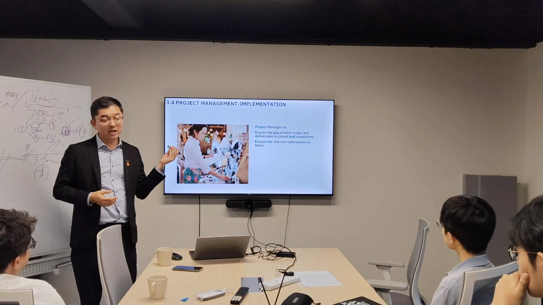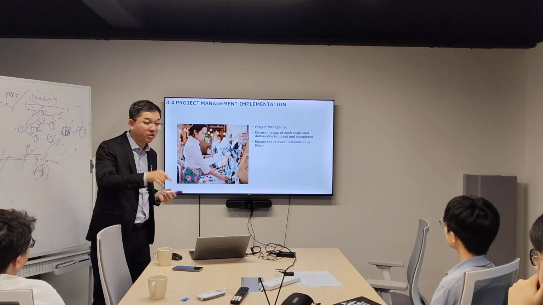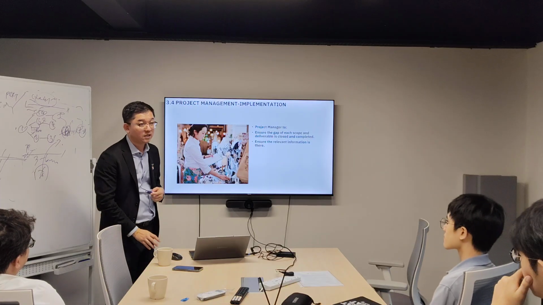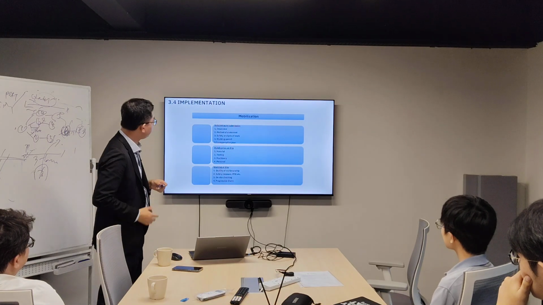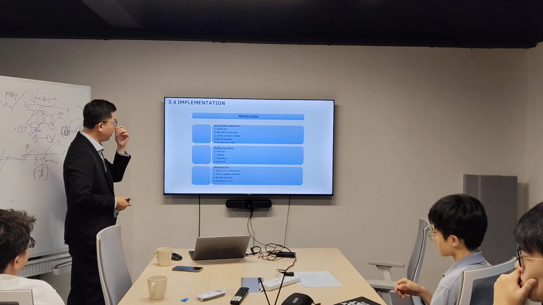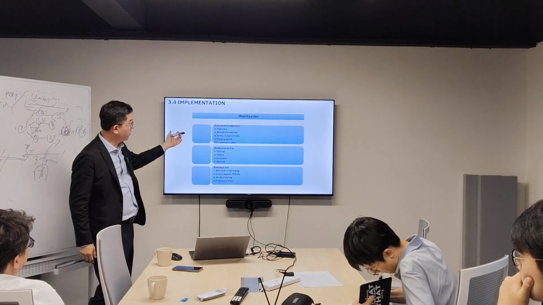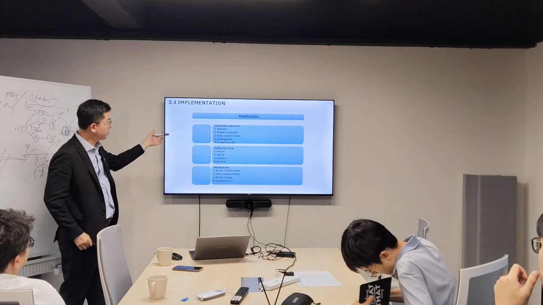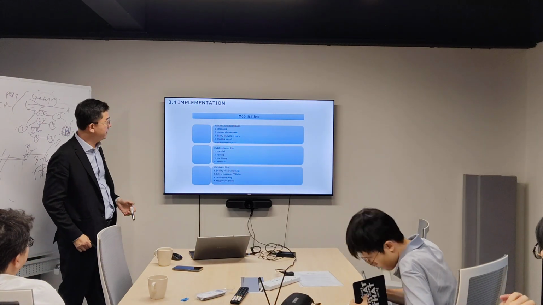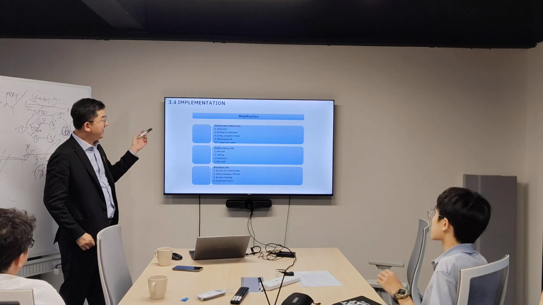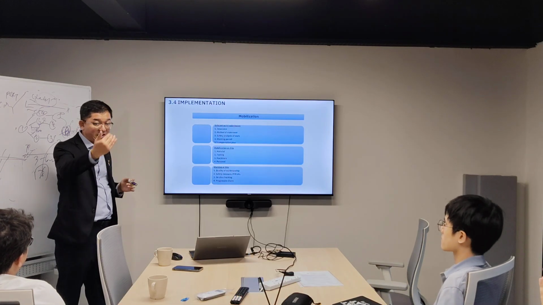And during the implementation stage, we need to monitor the process. Okay? Then of course, at the early stage, we need to ensure we ask the contractor to do submission. These are the submissions that they need to submit. This is during mobilization.